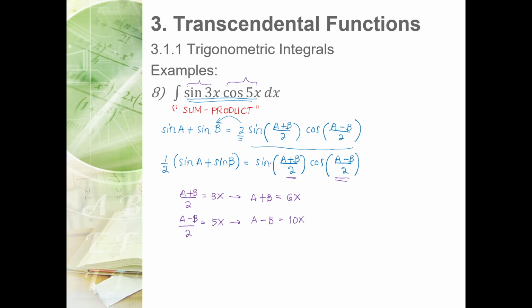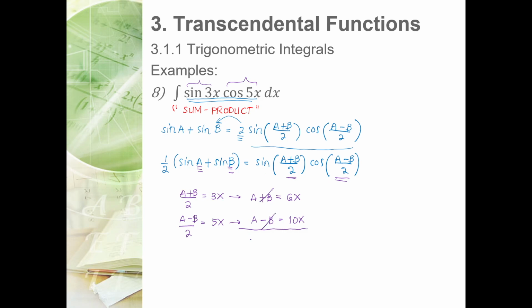So we need to solve for the A and B parameters because we need these values on the left side. If you have mastered your algebra, solving two equations with two unknowns by elimination or by substitution, we have learned that in algebra.